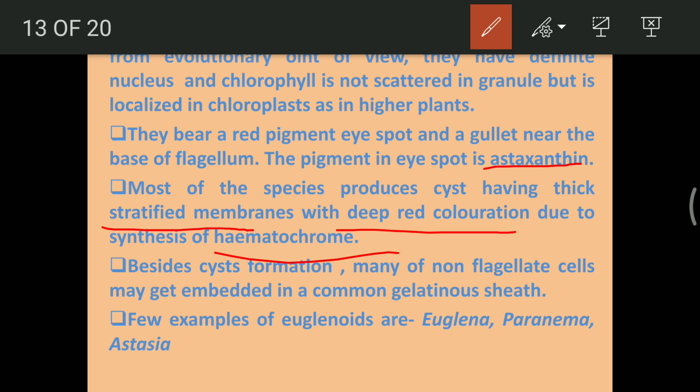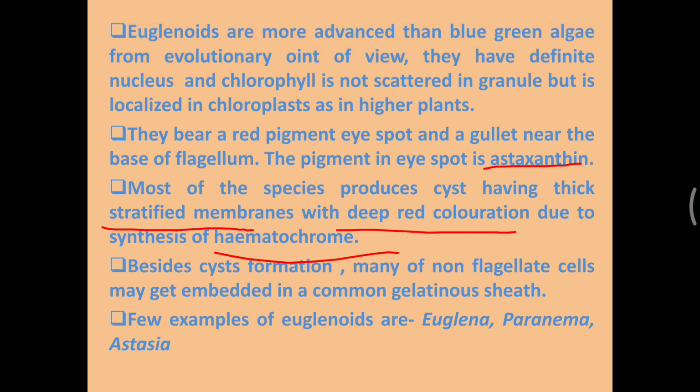The gelatinous sheath helps in avoiding desiccation or drying up of the euglenoids. Some examples of euglenoids are Euglena, Peranema, or Astasia. So these are some of the examples of euglenoids.